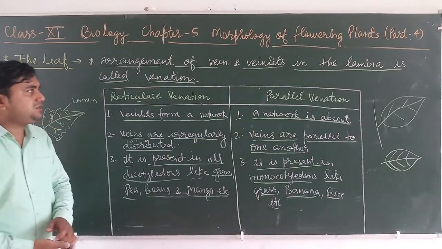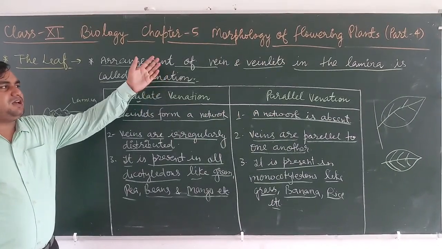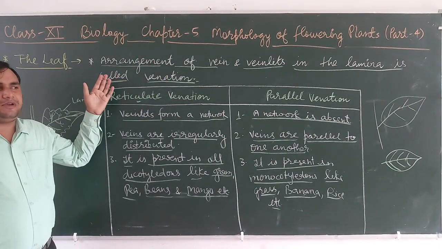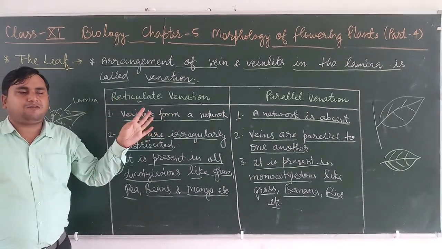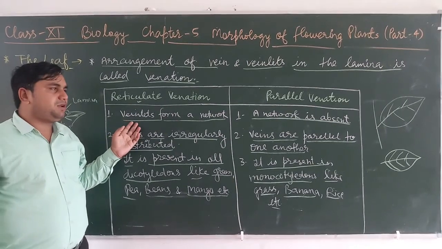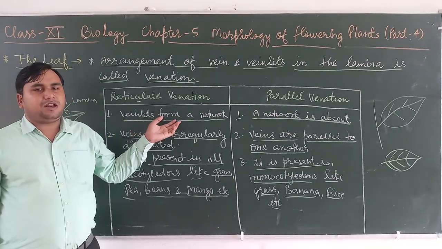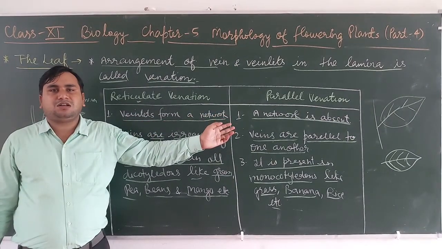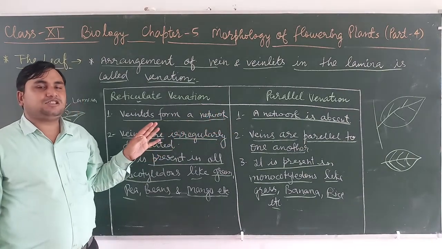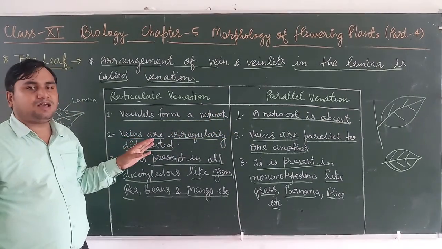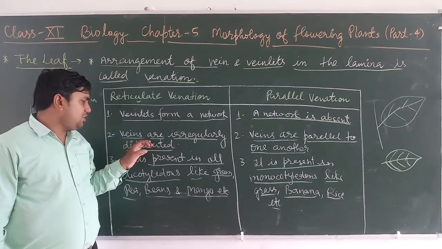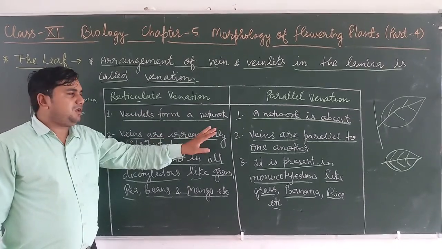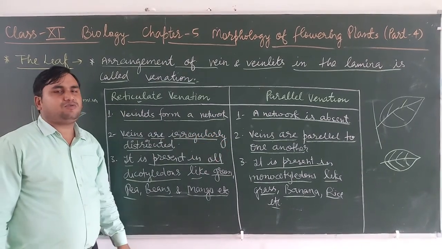This is venation. The arrangement of veins and veinlets in the lamina is called venation. There are two types: reticulate venation and parallel venation. In reticulate venation, veinlets form a network, and in parallel venation there is no network. In reticulate venation, veins are irregularly distributed in the lamina, but in parallel venation the veins are parallel to one another.